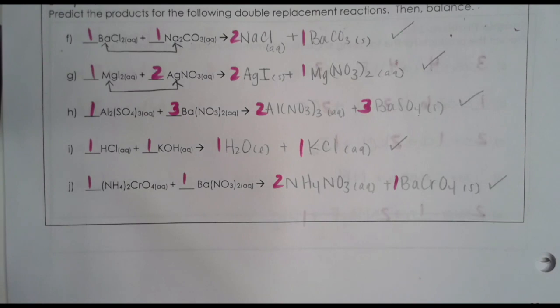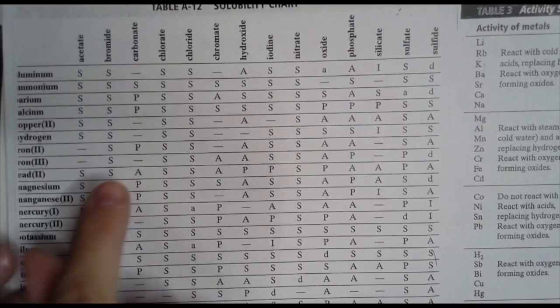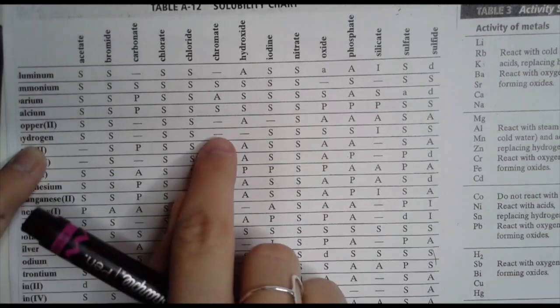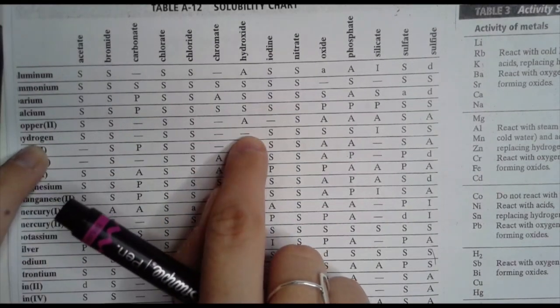Check for I. So in I, we're producing water, which is hydrogen hydroxide. We don't say that water dissolves in water, that sounds silly. So rather than saying that water is aqueous, what we say instead is that water is a liquid. If I look on this paper right here, this is one exception to this rule. For hydrogen hydroxide, you'll see that there is a dash there.